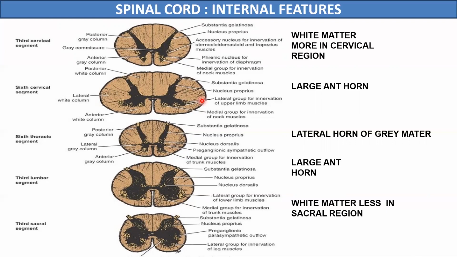The more motor neurons in the cervical region are for the innervation of the upper limb muscles, and the more motor neurons in the lumbar and sacral regions are for the innervation of the lower limb muscles. So white matter is more in the cervical region, and gray matter is more in the lower cervical, lumbar and sacral regions, where there is a large anterior horn.